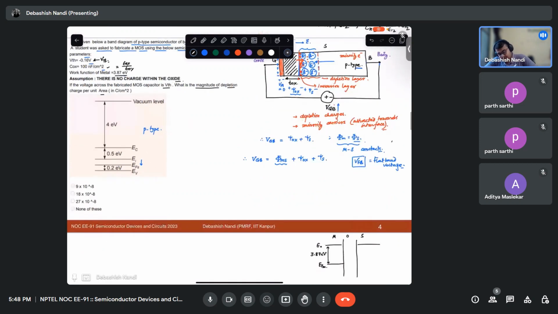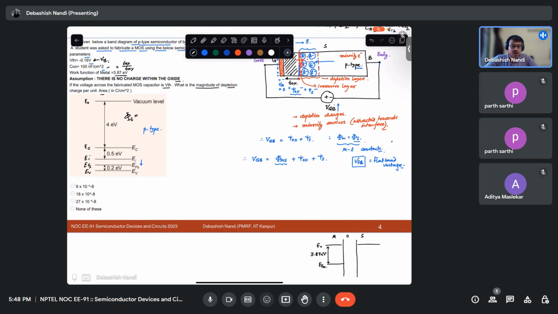What is the semiconductor work function, phi s? Anyone?